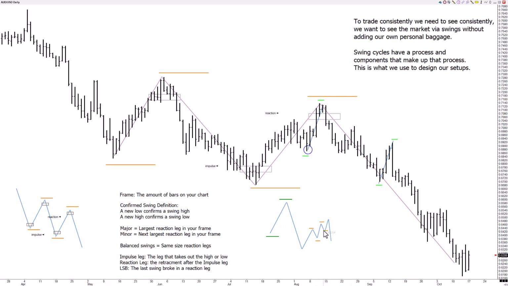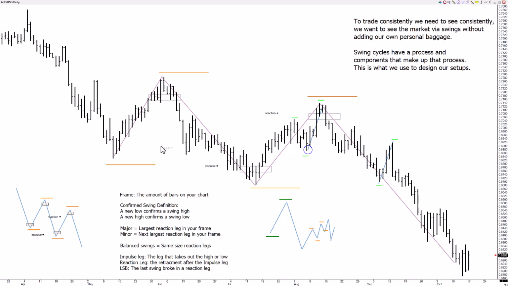And so that would be the last swing broke, and we generally use that for a projection. So in this case, we have a reaction leg. We have a little swing here, look. And then this is the last swing broke. So I'm just giving you some definitions to work with. And it's these pieces that we build our setups out of.